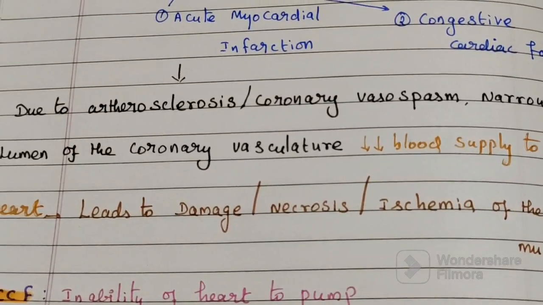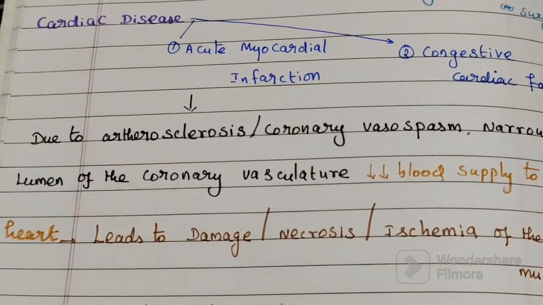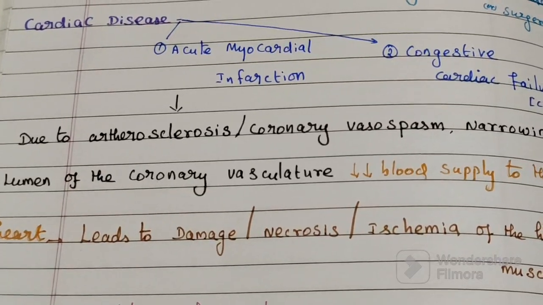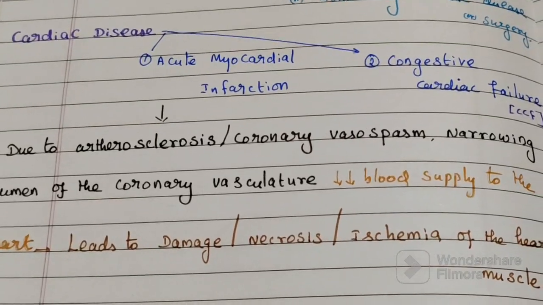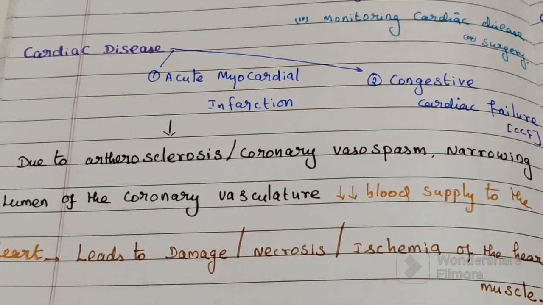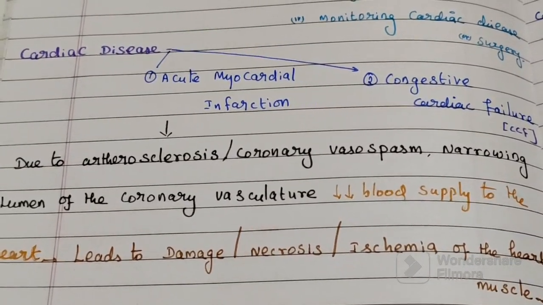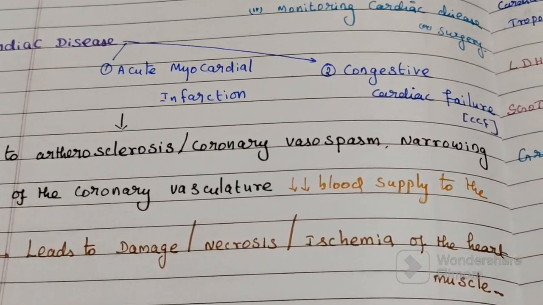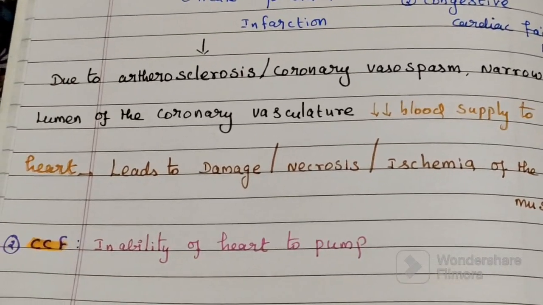That is known as acute myocardial infarction, due to blockade or vasospasm of coronary vasculature that leads to damage, necrosis, ischemia of that part of the heart which is distal to the artery.